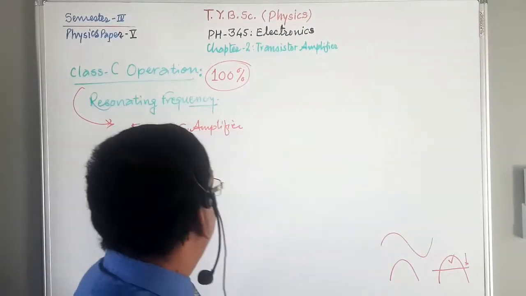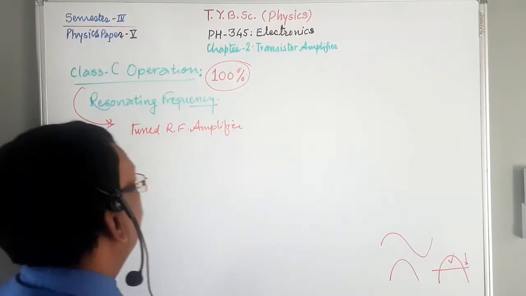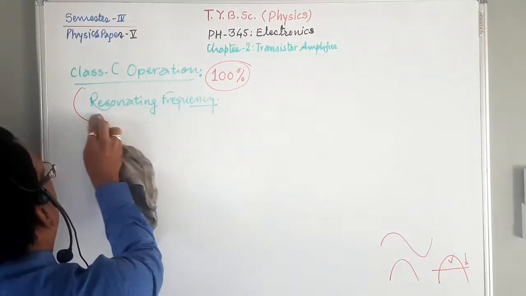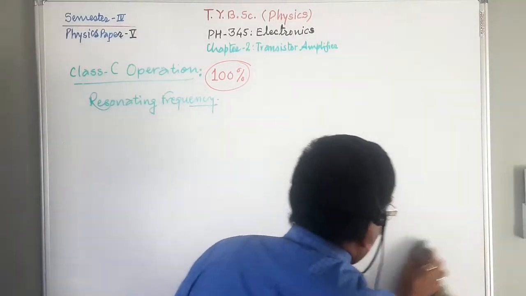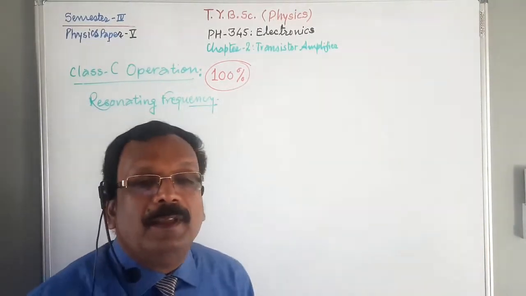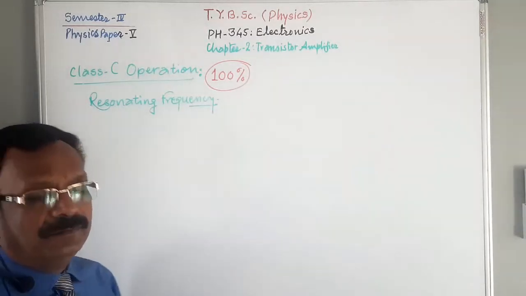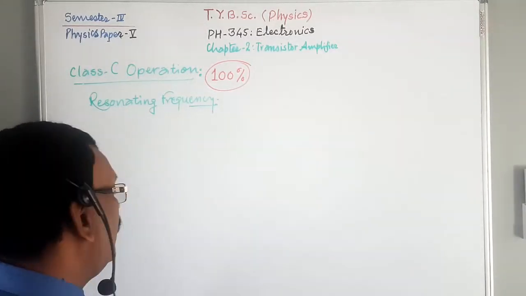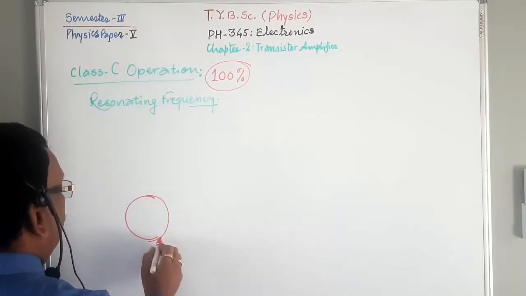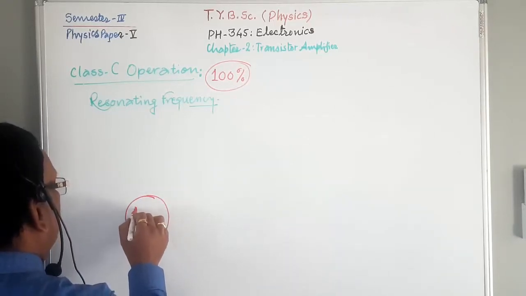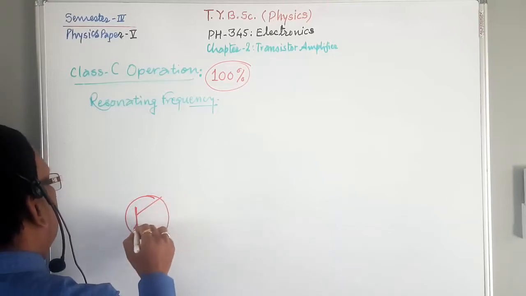We are going to see the circuit diagram of this class C operation. See here, as I told you, there is a tuning circuit. This is the transistor. This is the base of the transistor.